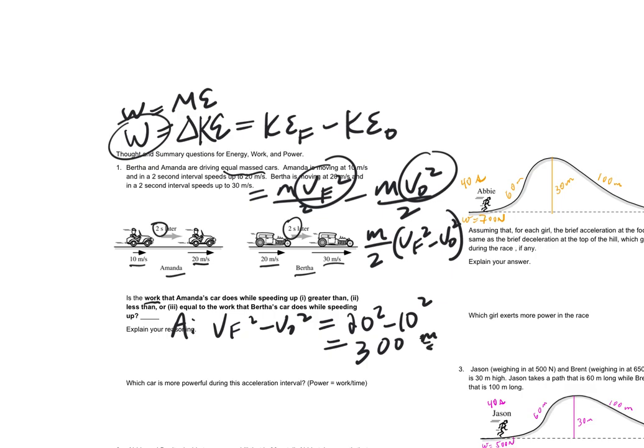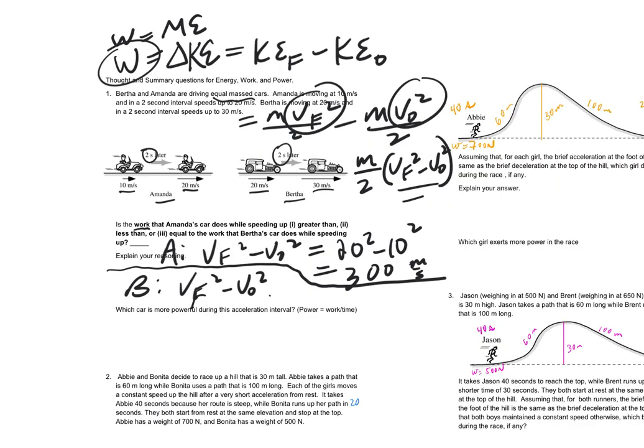Whereas for Bertha, vf squared minus vo squared is equal to 30 squared minus 20 squared. That'd be 900 minus 400, which is 500.